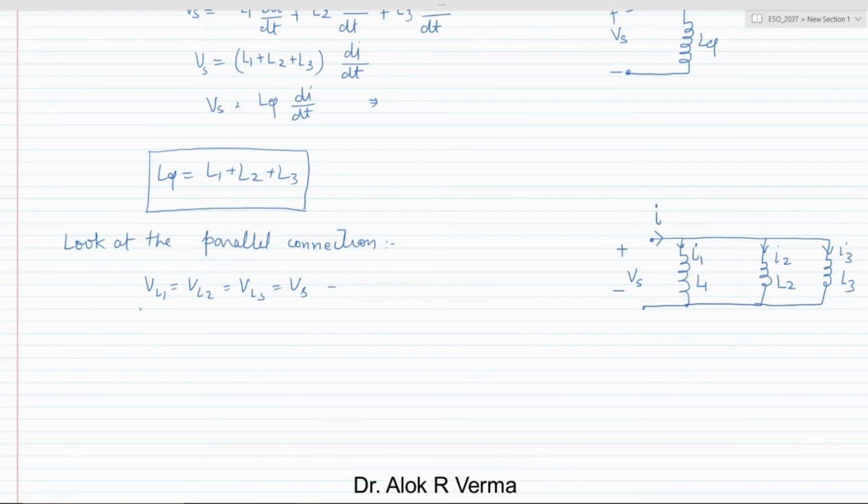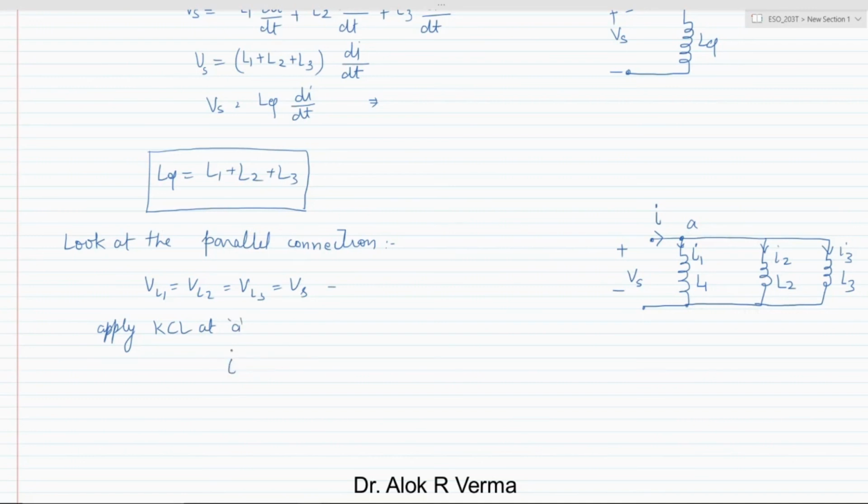Now using this only, apply KCL at node A. Suppose this is A and this is the same node, right? There is no element connected in this branch, so this is the same node. Here also it is the same node. So between A and B, apply KCL basically at A. What will happen?